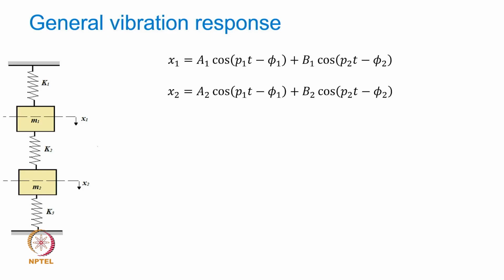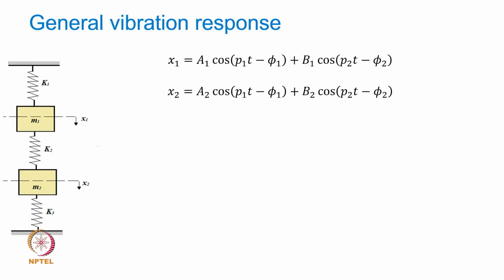And so, we also wrote the response of the second mass, represented as x2(t), to be as you see here. So, here also there is the contribution from the first and second mode, and so this is a general vibration response to some initial conditions.